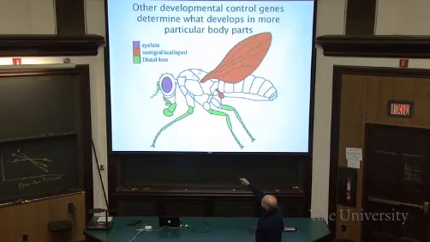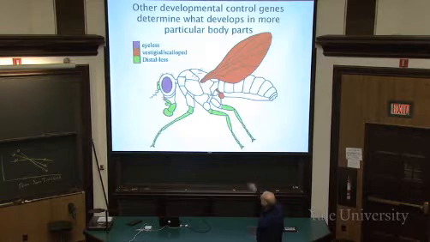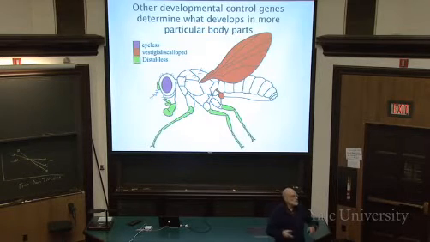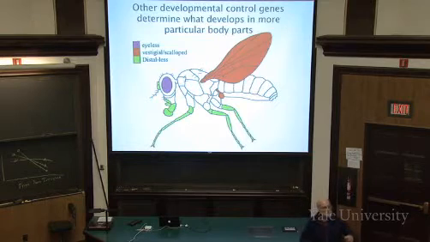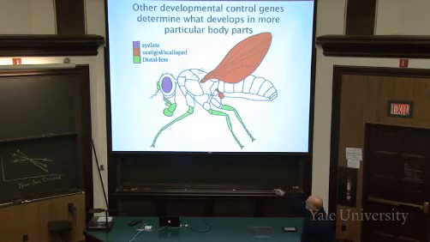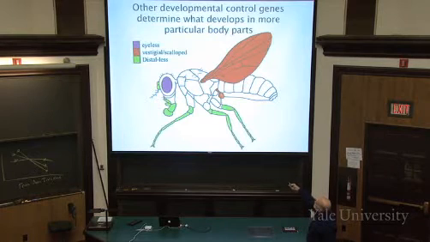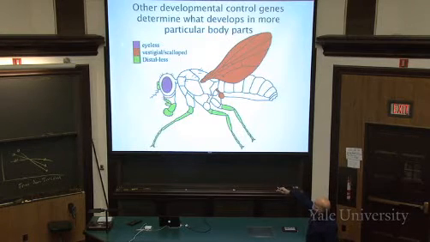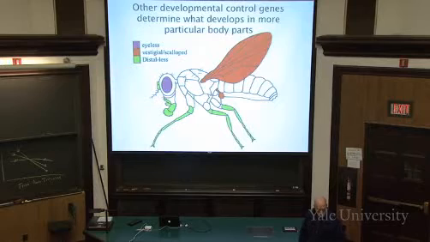If you get mutations in distalis, these are the parts of the body which are going to be affected. They are all extremities, all outpocketings of the body wall, which are then being developed into antennae or mouth parts or legs. Vestigial is working on wings and halteres, and eyeless is working on the presence of eyes. Okay.